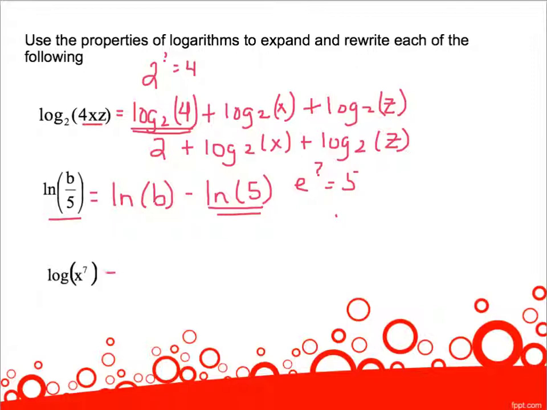Then the last problem on this page is the log of x to the 7th. We have an exponent, so we take our exponent down to the front and make this 7 times the log of x. And that's just how simple those are to use.